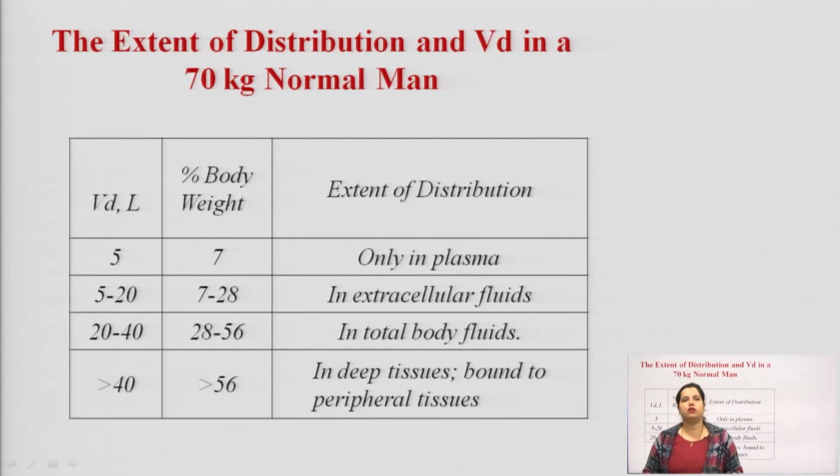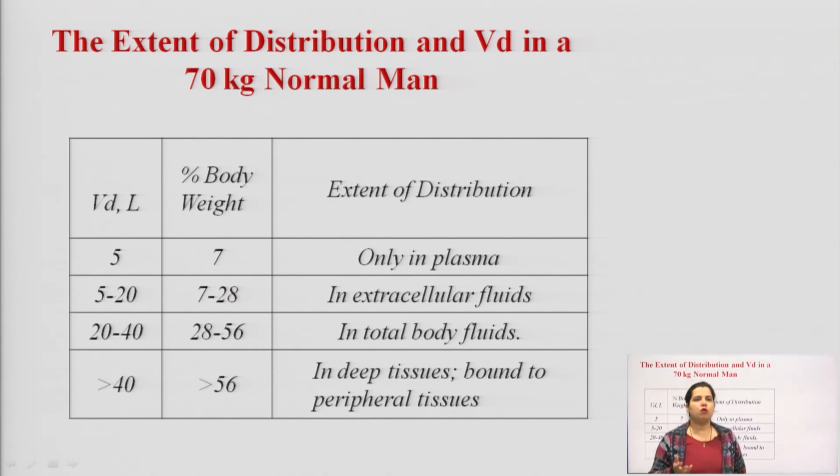The extent of distribution and Vd in a 70 kilogram normal man. Generally Vd in liters is 5, the percent body weight is 7, and the extent of distribution is only in plasma. Generally, depending on the body fluids, if it is in this range, it will be distributed only in plasma.